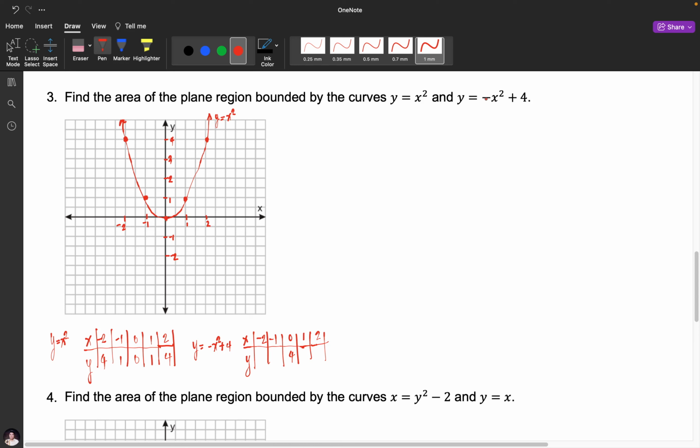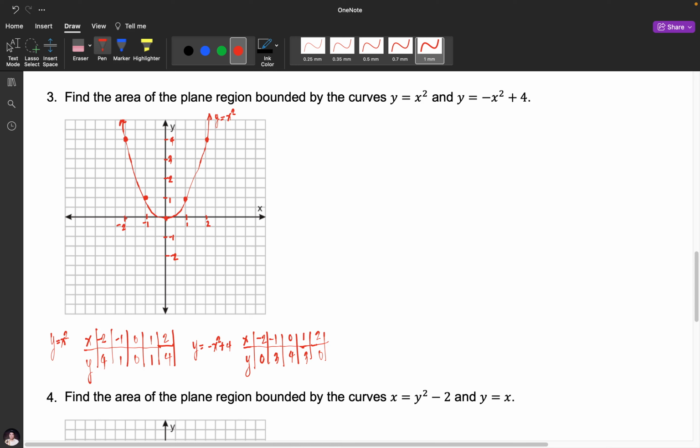The negative 4 plus 4, this is 0. Substitute negative 1 squared is 1. So negative 1 plus 4 is 3. 1 squared is negative 1. So negative 1 plus 4 is 3. And negative of 2 squared, so negative 4 plus 4 is 0.